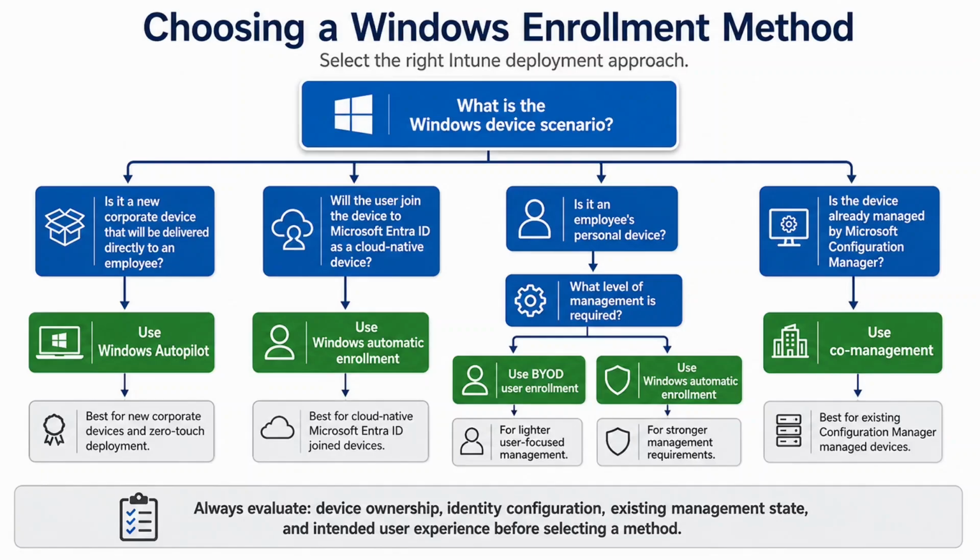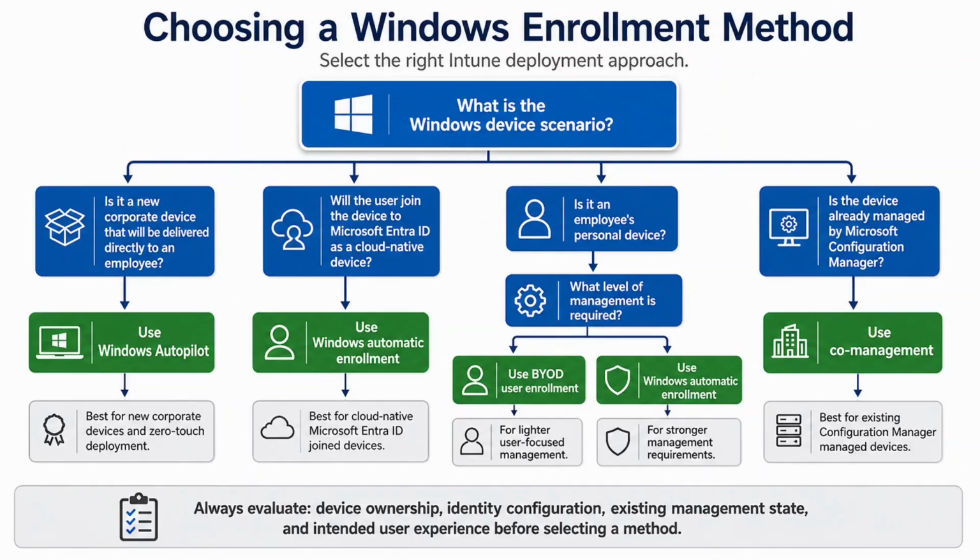For a new corporate device that will be delivered directly to an employee, use Windows Autopilot. For a cloud-native device that a user will join to Microsoft Entra ID, use Windows automatic enrollment. If the employee is willing to use their personal device, consider BYOD user enrollment or automatic enrollment depending on the level of management required on that BYOD device.